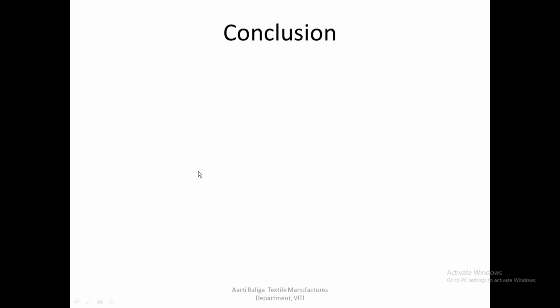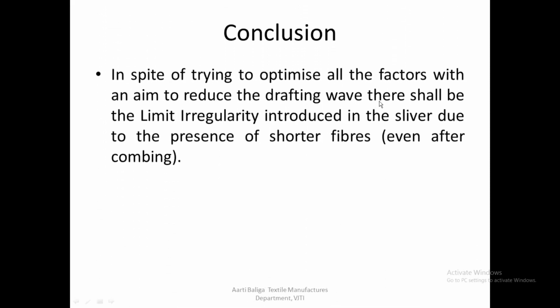So in conclusion, we can say that in spite of trying to optimize all the factors with an aim to reduce the drafting wave, that is the irregularity, there shall always be some limit irregularity introduced in a sliver due to the presence of short fibers. Even after combing, you will find that there are some fibers which are shorter but natural.